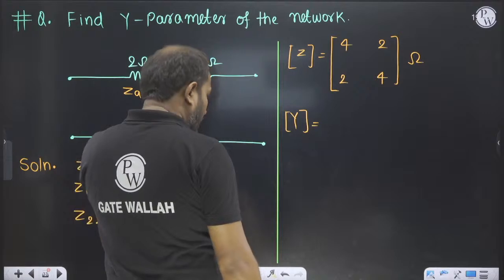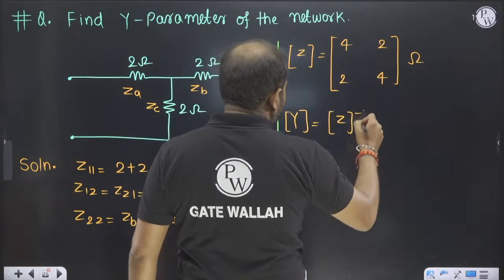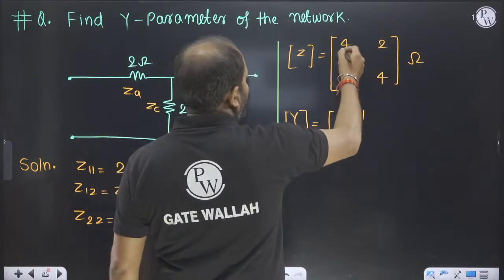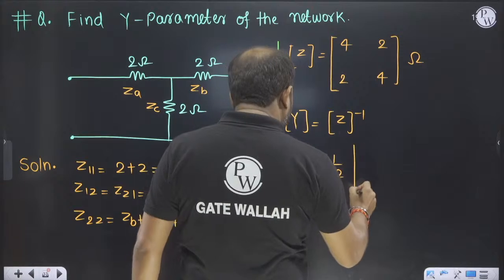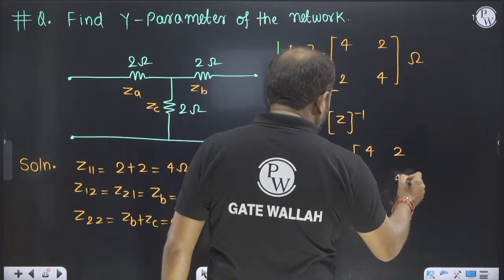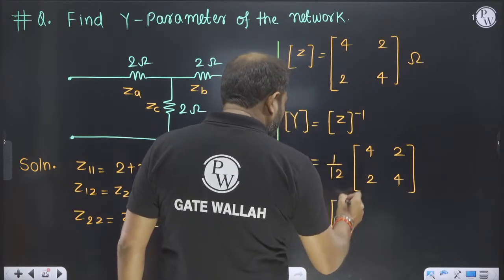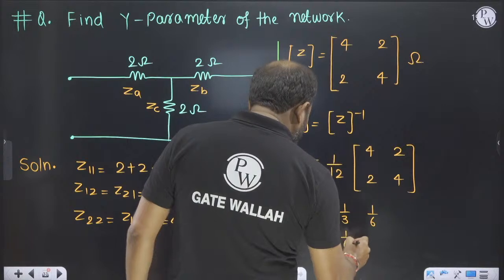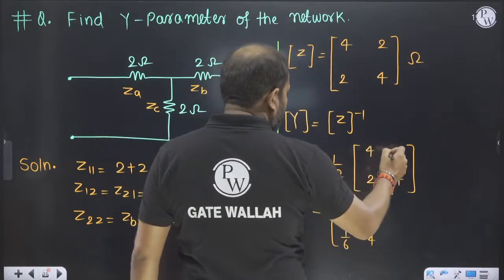Then the Y matrix will be equal to Z inverse. So what is Z inverse? 4 4s are 16 minus 4, 1 by 12, and it will be 4, 2, 2, 4, with the off-diagonal terms minus 2, minus 2.